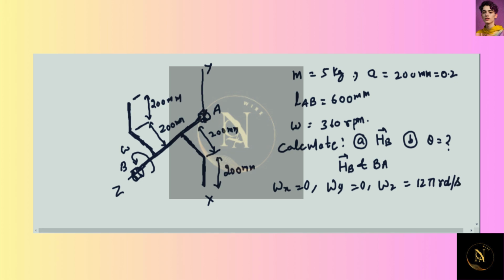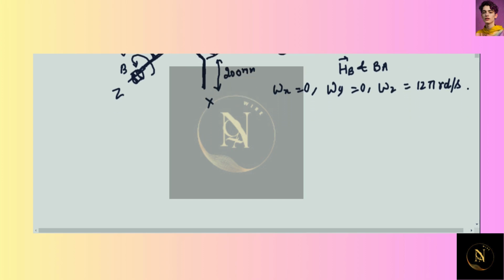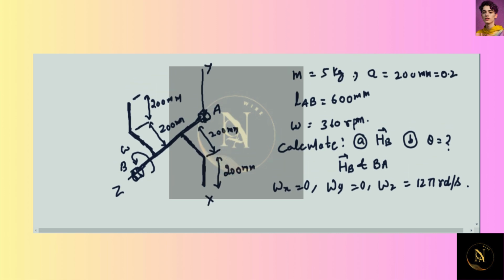Now the angular momentum of the assembly about the centroid G. I am marking here centroid G, about which we are finding. Parallel to this are the x-axis, y-axis and z-axis, right?